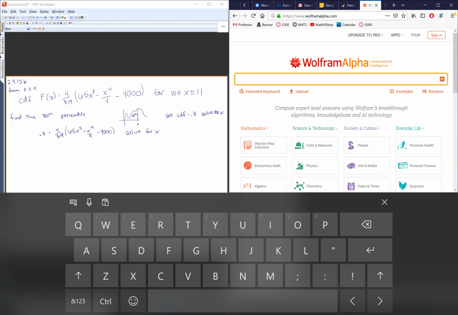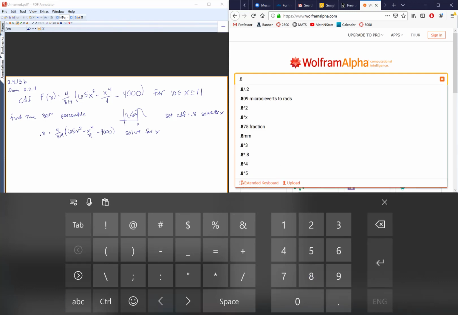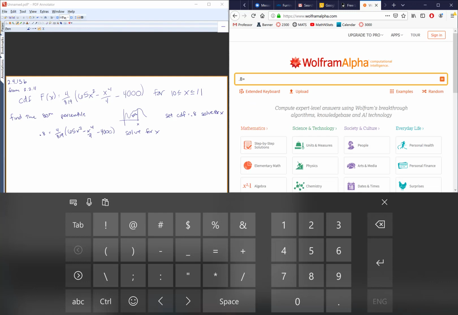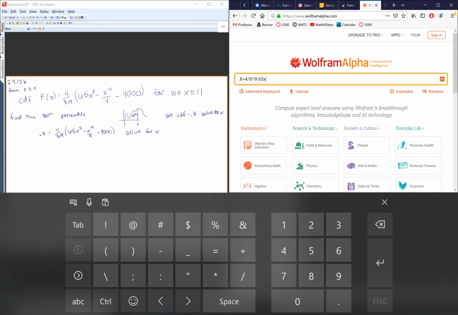So let's see. 0.8 is equal to 4 out of 819 times 65x. Sorry, I don't usually use this keyboard, but my keyboard is out of power.